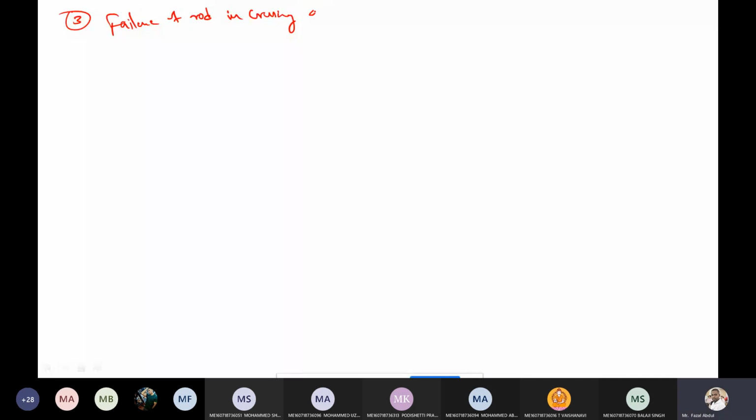Otherwise, failure of quarter in crushing. Both meanings are the same, Babu. Failure of rod in crushing, same meaning. Failure of quarter, same meaning. Don't get confused. Sometimes the question will ask specifically what is the failure of quarter in crushing. So don't get confused. Both are the same meaning.